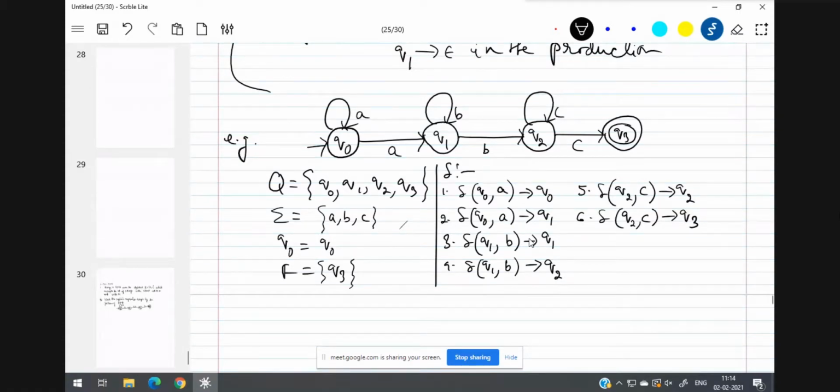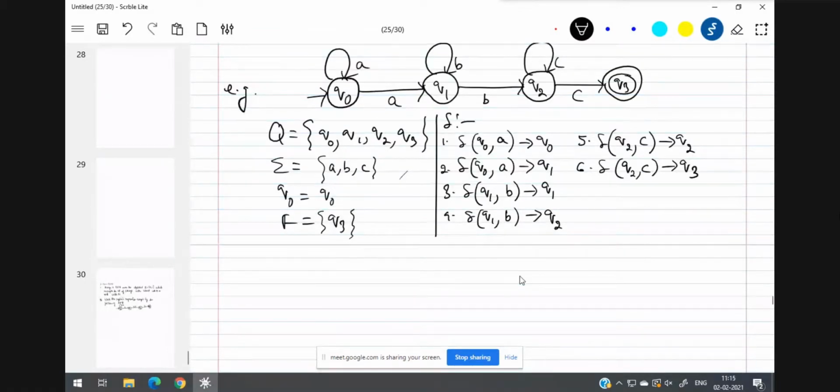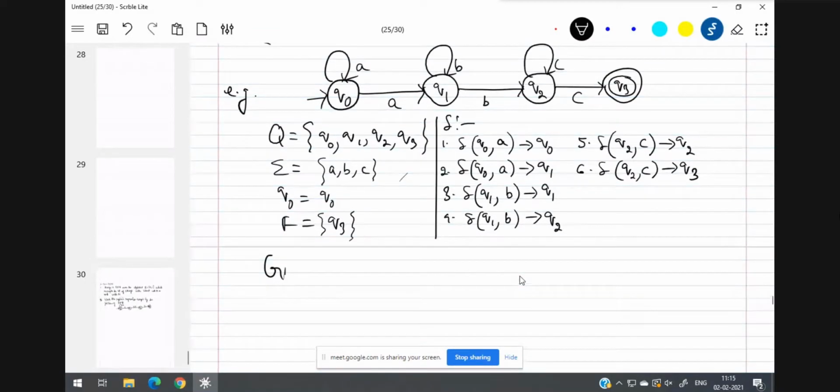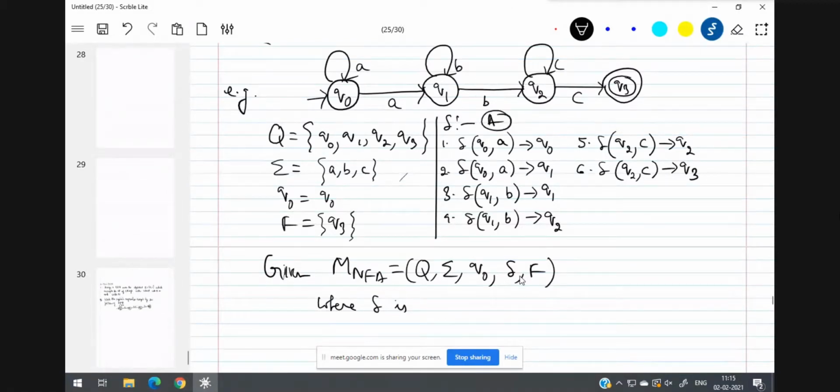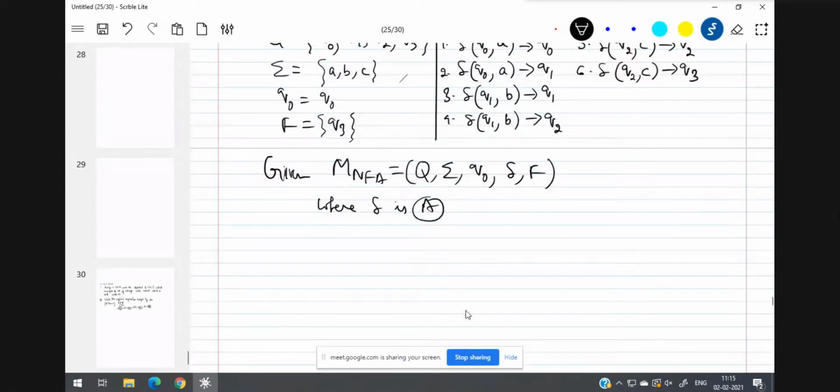Now, let me consider the given machine, A equal to Q, sigma, delta, Q naught, F. This is the required information we have.